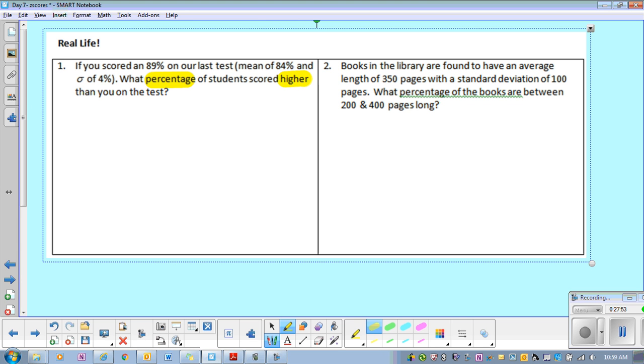You got to move the decimal place because it's a percentage, but what does higher mean? Below, above, or between? So you're going to have to do something to the probability. First off, let's find the z-score. z equals x, what we got on the test, 89, minus our mean, divided by the standard deviation. What does the z-score equal?